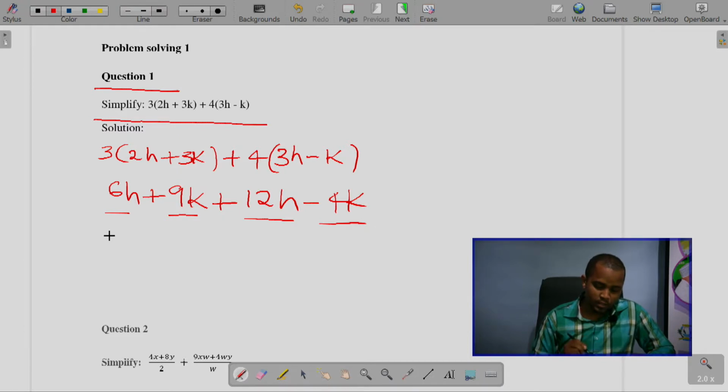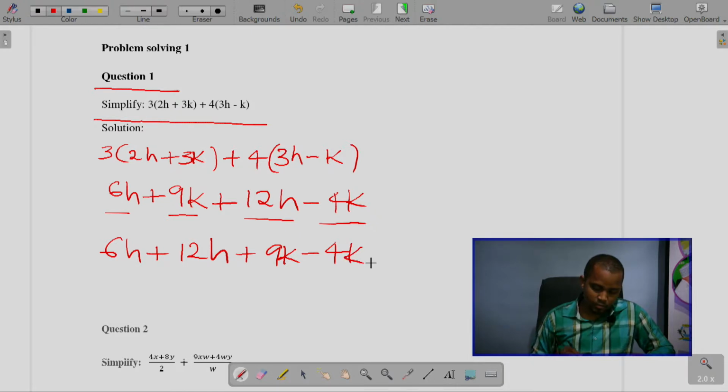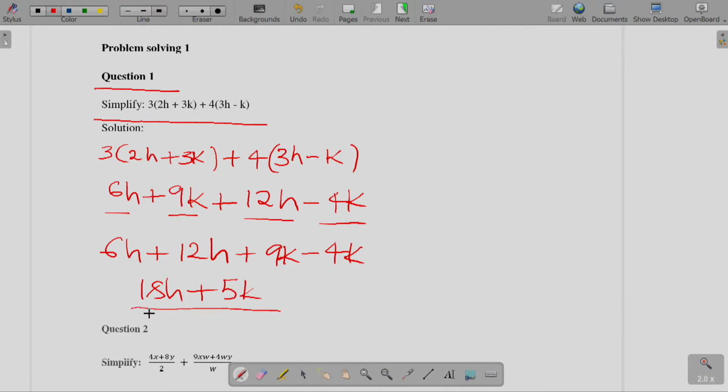So let's group together like terms. 6h plus 12h plus 9k minus 4k. If you add 6h and 12h, we'll get 18h, plus 9k minus 4k will get 5k. So this one will be the answer.